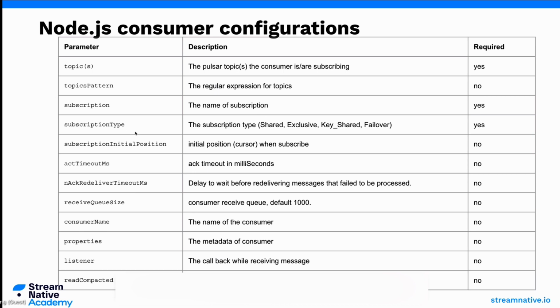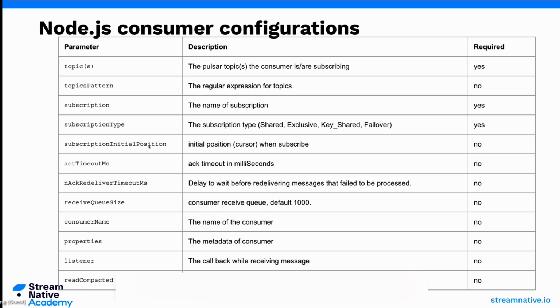And most important, subscription type, right? So you have to specify. I think the default one is the shared subscription type. So if you have key shared or failover, remember to set this up, okay? Else you may find different behavior when you subscribe to different topics.